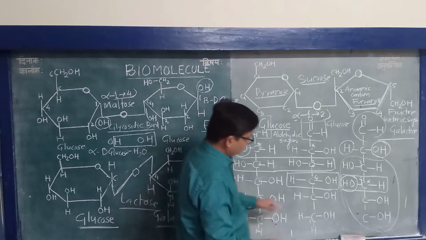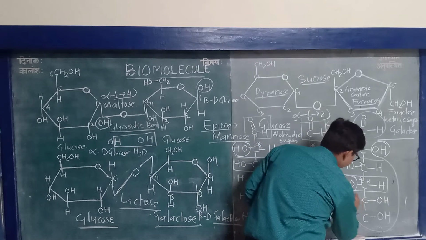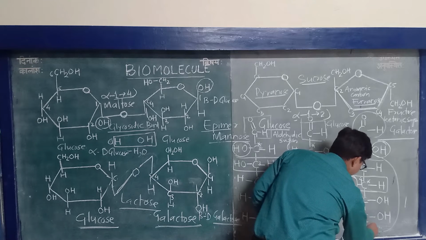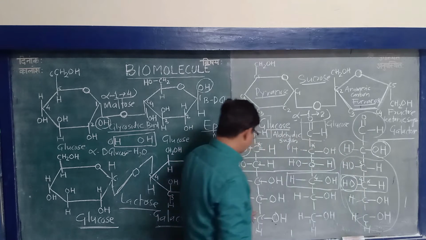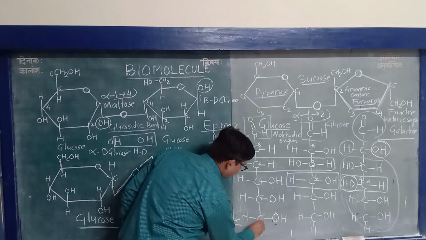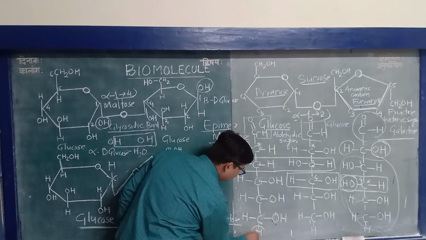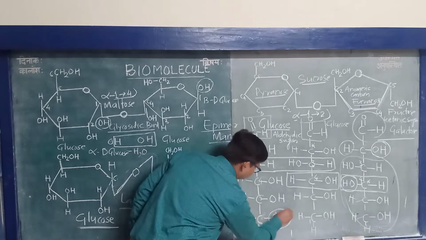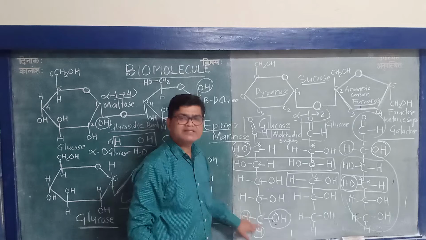But if you observe carbon number 6 in any monosaccharide like this one, there is one hydrogen, one hydrogen and one hydroxy group. So these groups are similar.